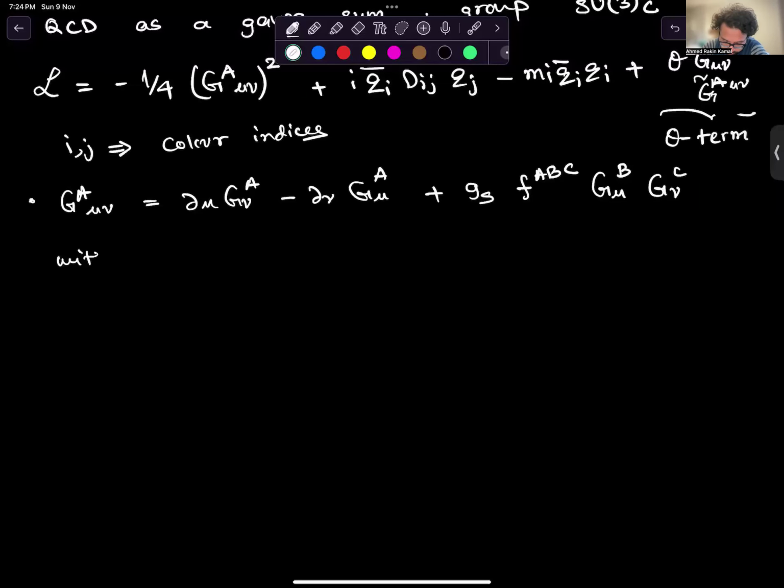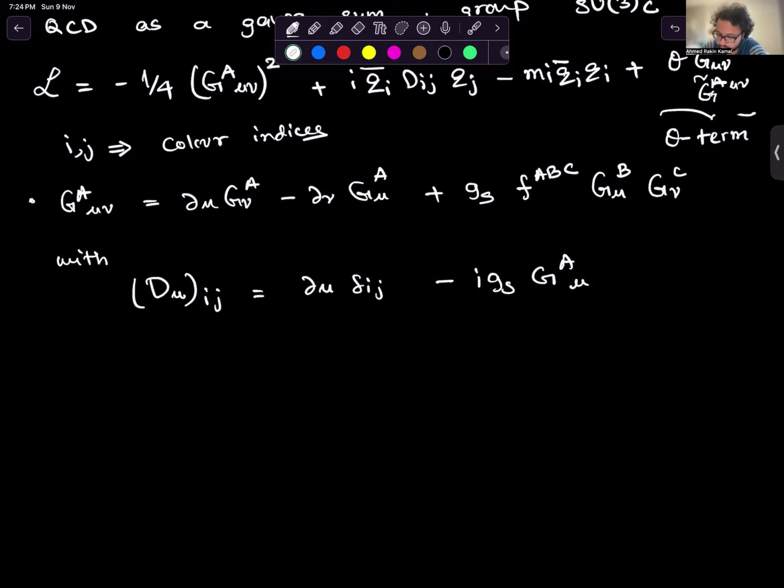And with the gauge covariant derivative of this form, these objects are gluons.